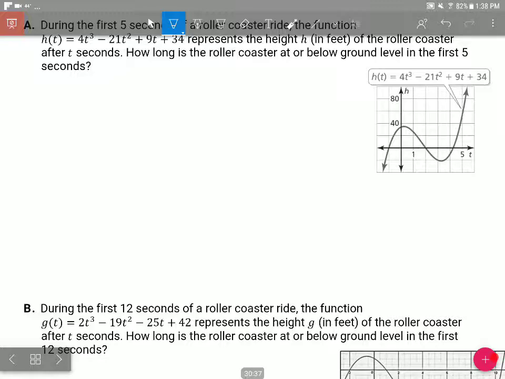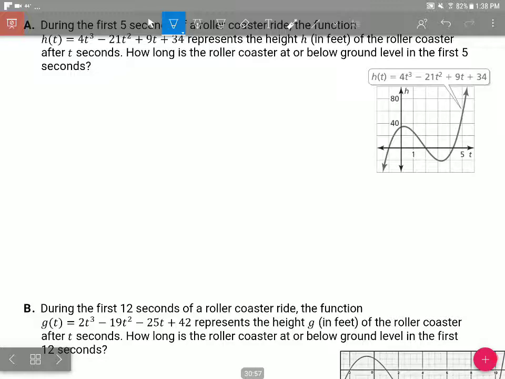So what part of the graph are we looking for if we're looking for below ground level? Well, this is time 0, so we don't need the part to the left. Do we want this area right here? The bottom curve. This is underground, right? So that bottom little piece.